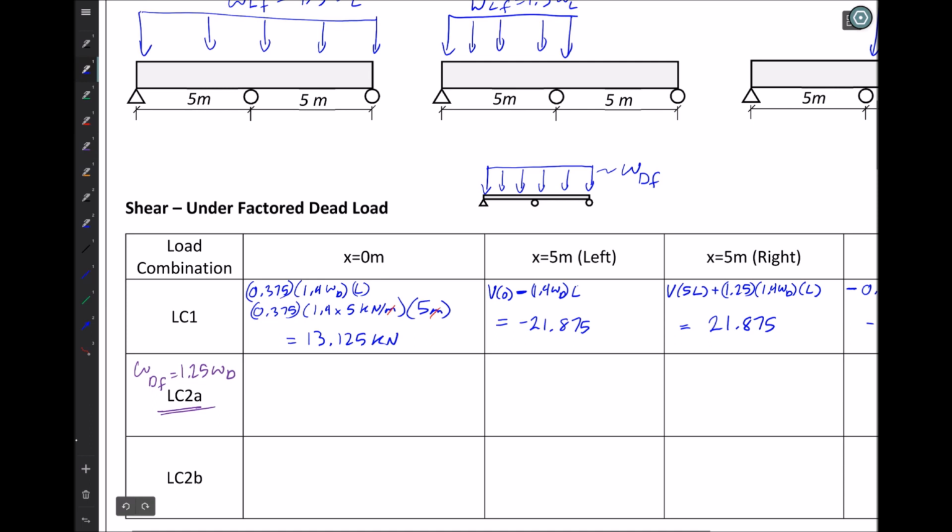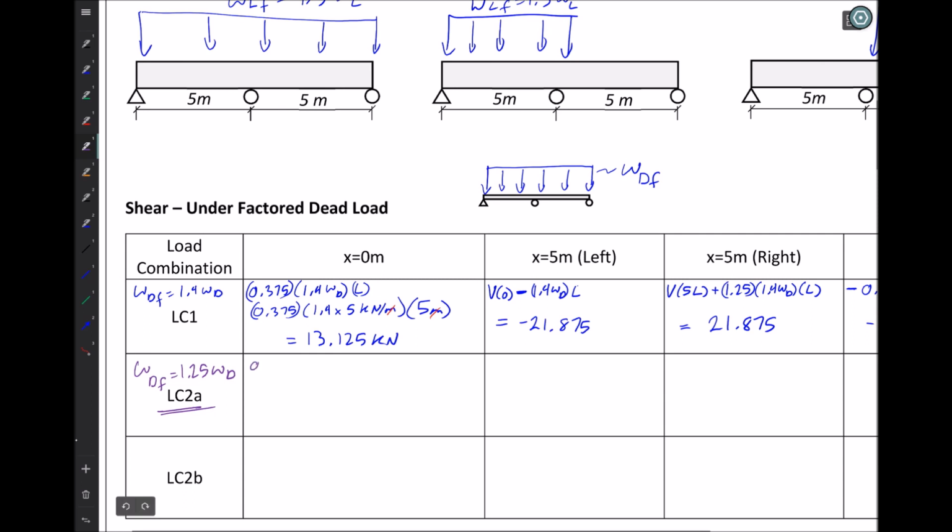And load case 1 was W dead factored equal to 1.4 WD. So I can very easily just take 13.125 and divide it by 1.4 and multiply it by 1.25, and I get the value of my shear force at that location through a scaling of the shear loads. And since my structure is linear, this is not a problem.